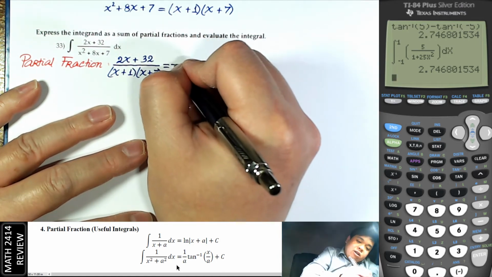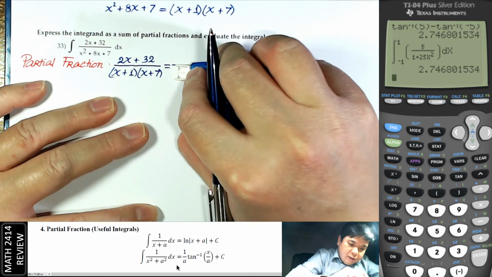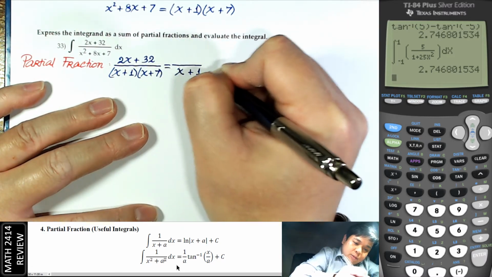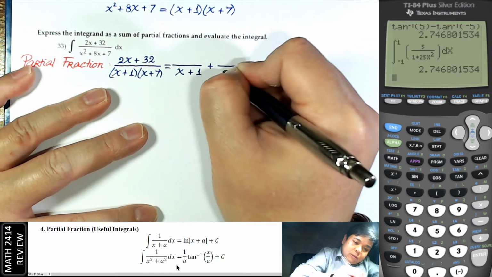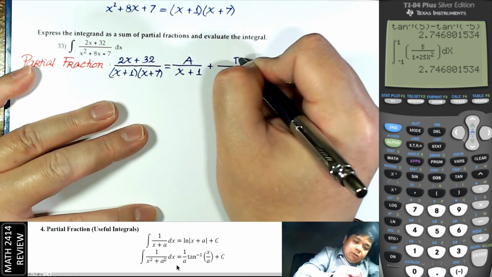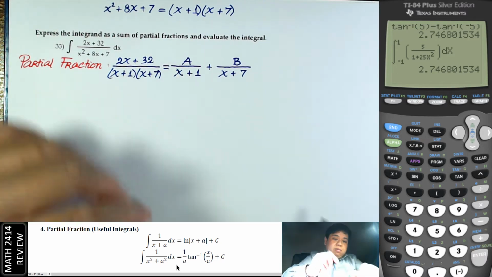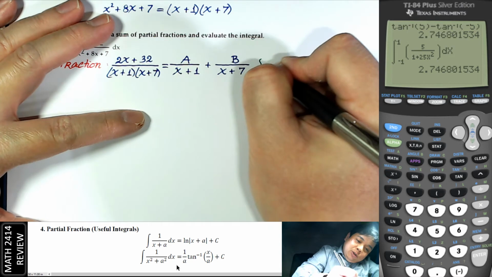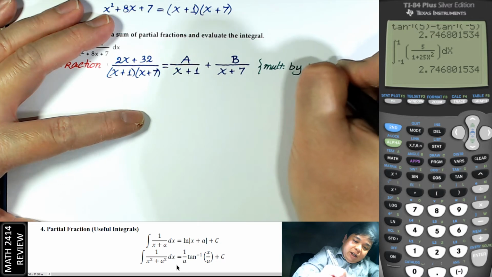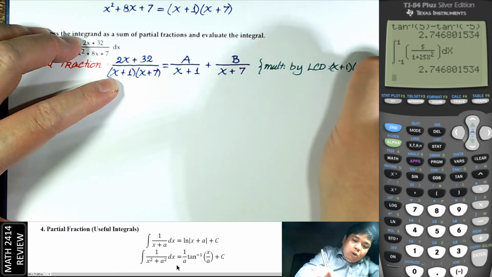Now just linear factors, so we know it's going to be A over x plus 1 plus B over x plus 7. To simplify, we multiply by the least common denominator of x plus 1, x plus 7 on both sides.